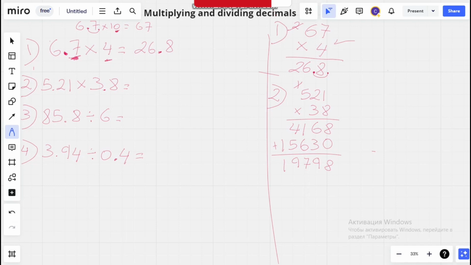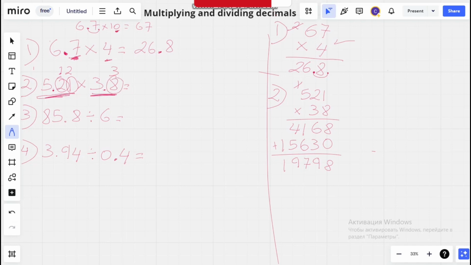Now you go back to your equation and you see where's your decimal and how many numbers are after the decimal. Now it's not only going to be in the first number. Remember, you have two numbers which are decimals. So you get to count here: 1, 2, and 3.